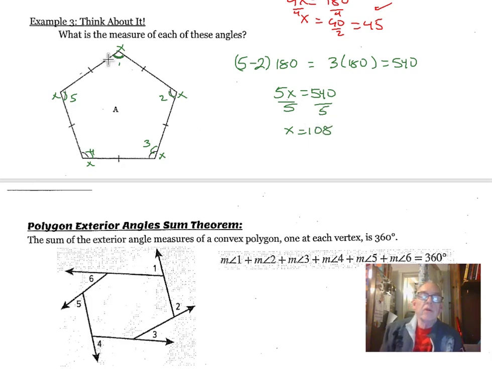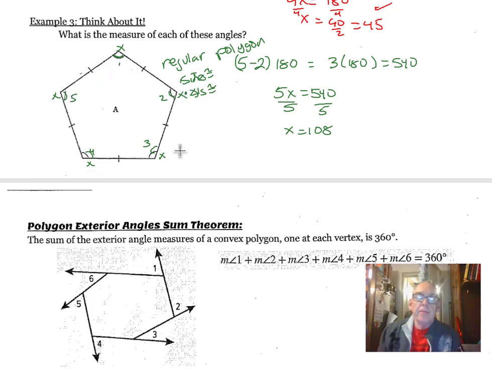So we can only do that because we have what we call a regular polygon. That means all the sides are congruent and all the angles are congruent. So in this case, we have a regular pentagon.